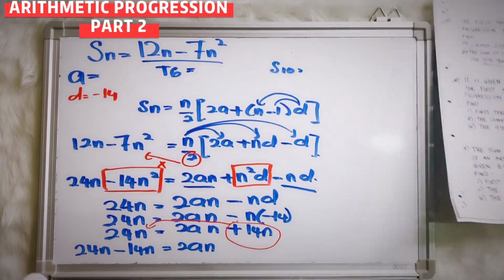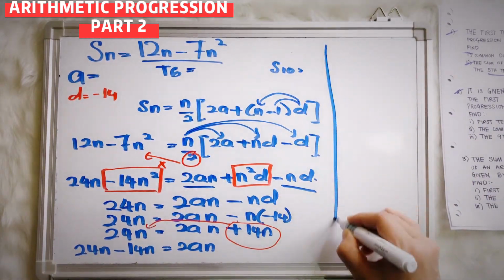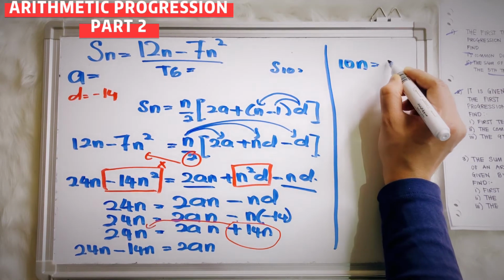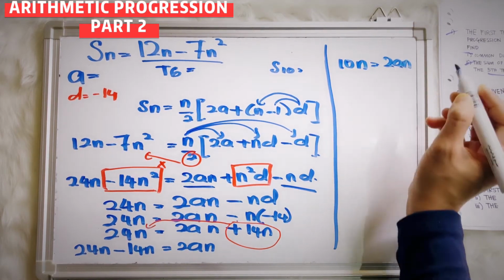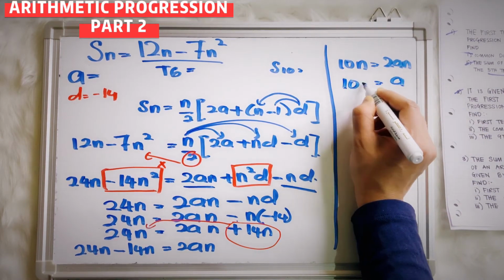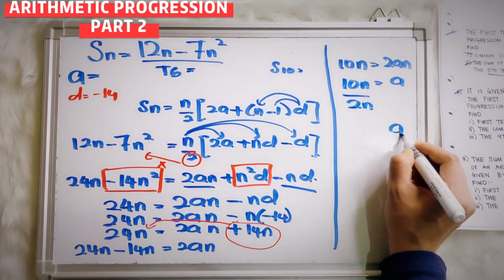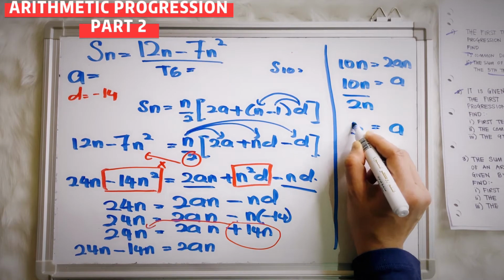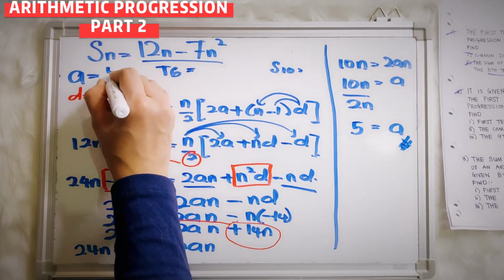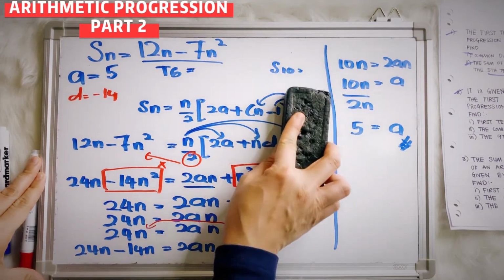So we got 10n equals 2an. I want to leave a here. So 10n divided by 2n. So our a now is 5.